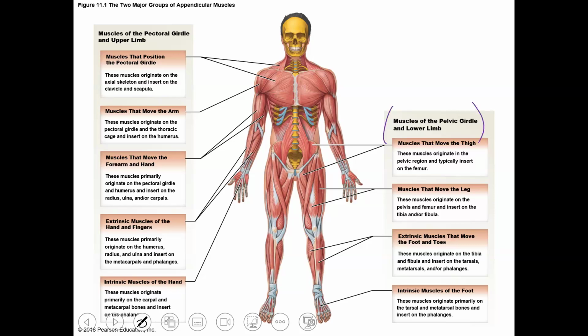Muscles of the pelvic girdle and lower limb. Muscles that move the thigh originate on the pelvic region and typically insert on the femur, which is this bone right here. Muscles that move the leg originate on the pelvis and femur and insert on the tibia, top, and fibula, L for fibula, lateral.